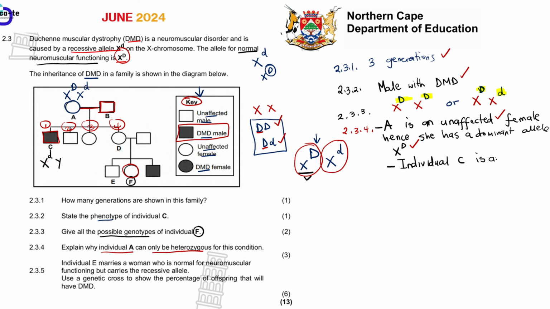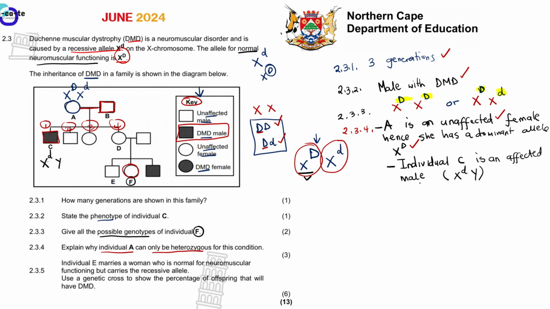So basically, you want to explain that individual C is an affected male, meaning that he has the condition, X with a small letter d and Y. So you have already explained here.